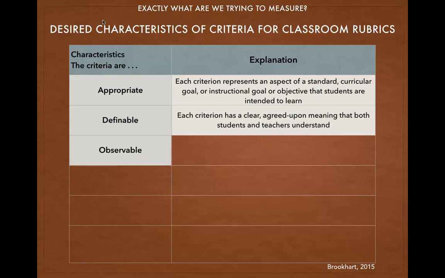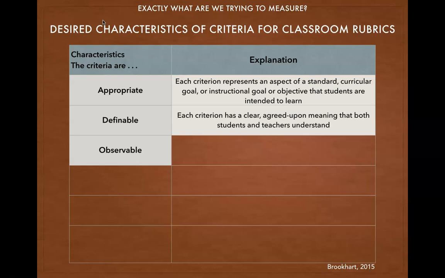They need to be observable. Hopefully this one is semi-obvious. Since we're building our rubrics to score our students based on their performance of their learning, their demonstration of learning, they have to be observable. We can't have characteristics that say they will know something. Well, how do you know they know something? It has to be something they're doing, some behavior they're demonstrating that's observable by you to measure that they know it.